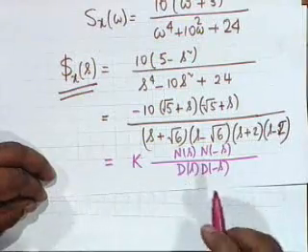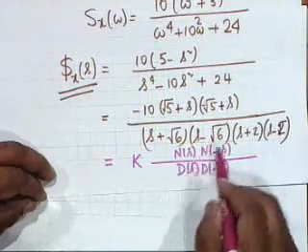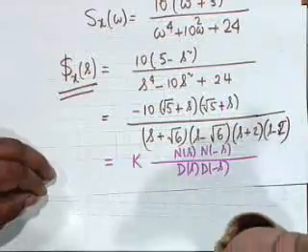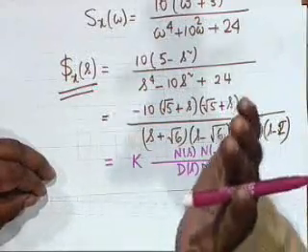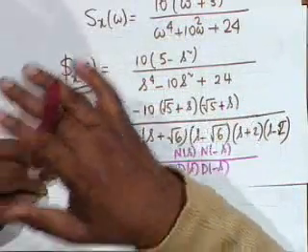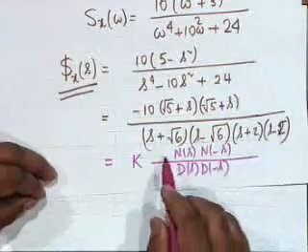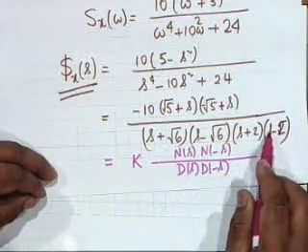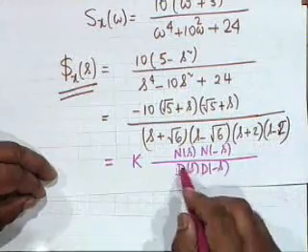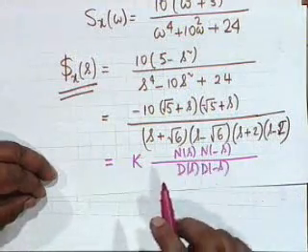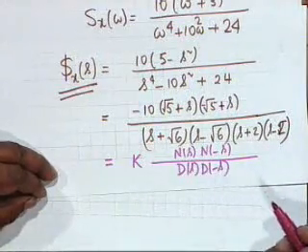That is, the numerator polynomial is being broken up into two factors, one of which has zeros in the left half plane, the other has zeros in the right half plane. Similarly, the denominator is broken up into two parts. d of s has zeros in the left half plane, d of minus s has zeros in the right half plane.